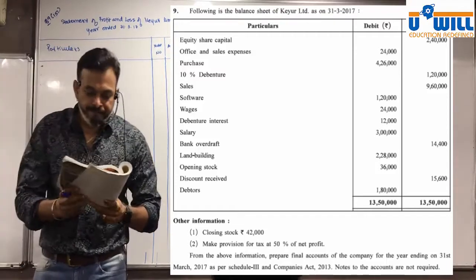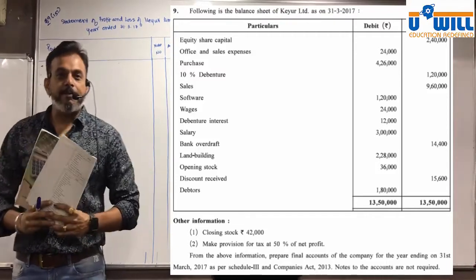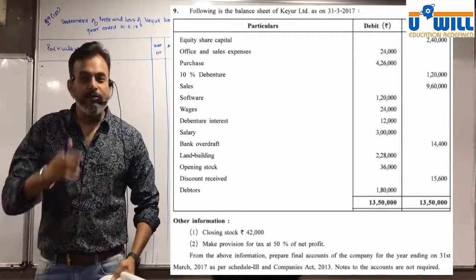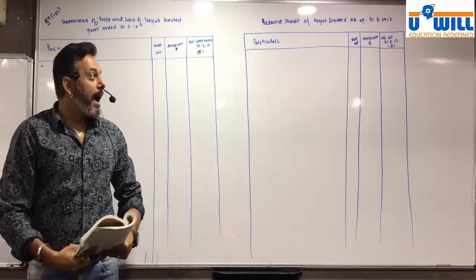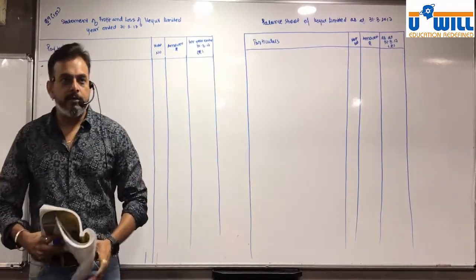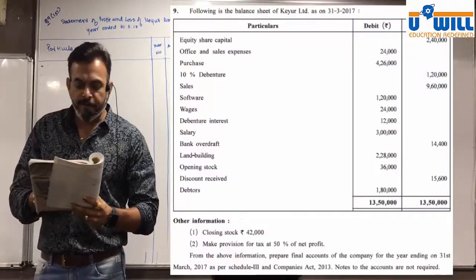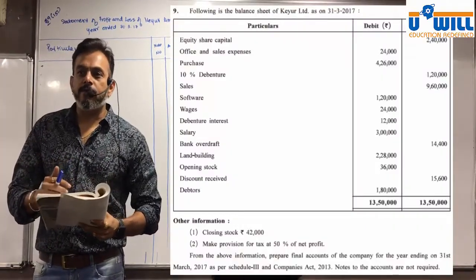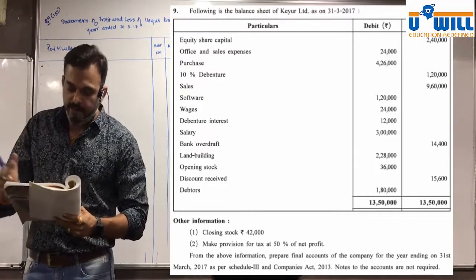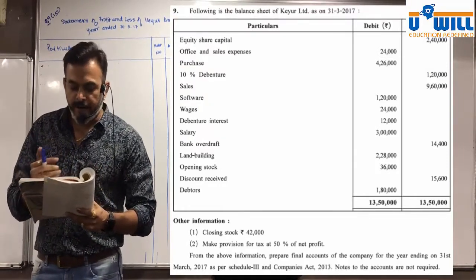Okay, now let's check out equity share capital. Shareholders' fund. Then office and sales expense is other expense. Purchases will go to profit and loss.